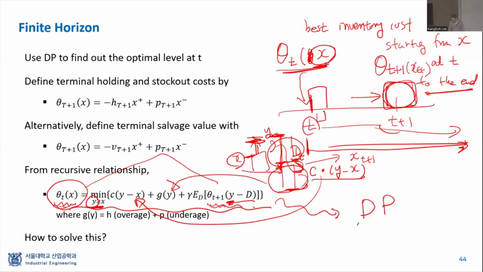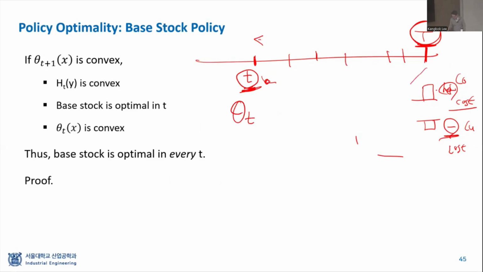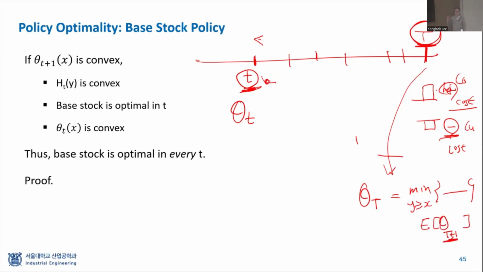But for the last time period, I will have my theta_T definition here, and it will be defined in this way, with a min and an expected function inside of it, with theta_T plus 1. But here, that does not have this y minus d random variable anymore, because I will not have any new customer demand at the last horizon. At the last horizon, whatever remaining, I will just recognize the cost based on what I have.